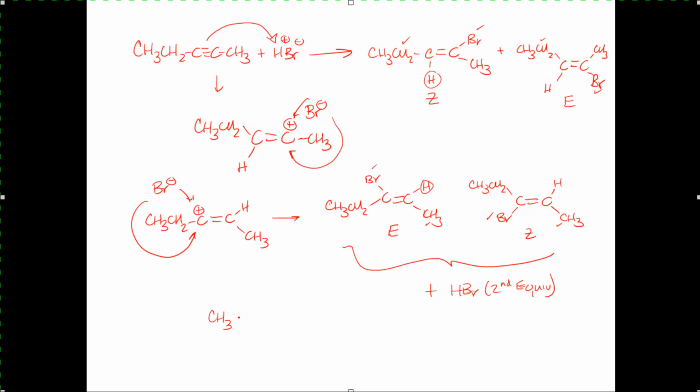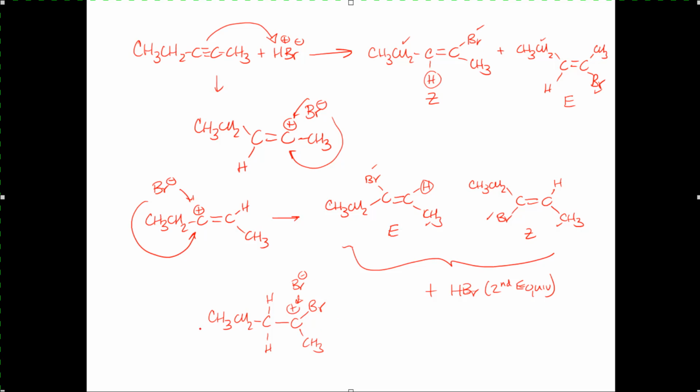Because if I added the next equivalent of H plus to this double bond, I would add the hydrogen to this carbon, and that's going to leave this carbocation that the Br minus would then come in and add to.